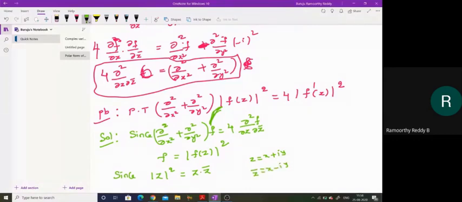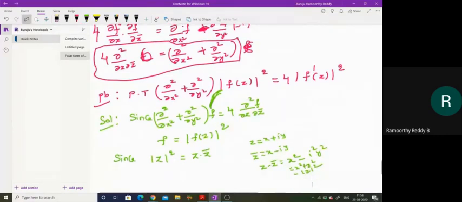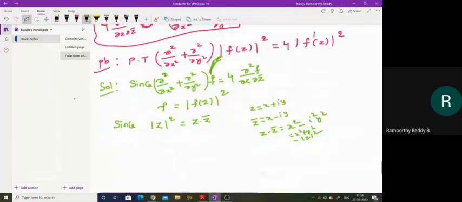If you multiply z into z conjugate, it is (a plus b) into (a minus b), a square minus b square, so it is nothing but x square plus y square, which is modulus of z whole square. Similarly, you write modulus of f(z) whole square, which is equal to f(z) into f of its conjugate, right? Okay.